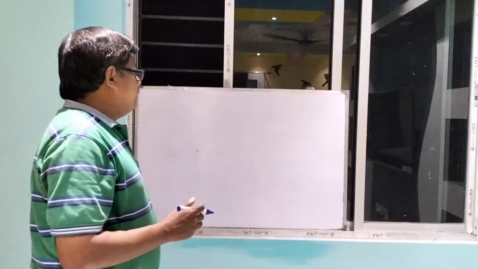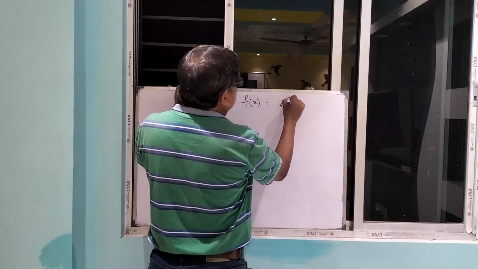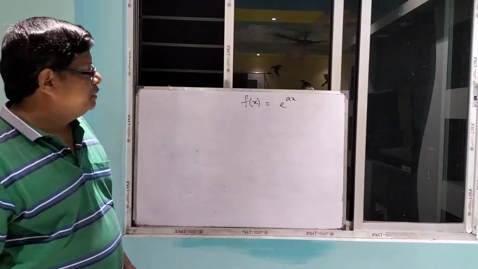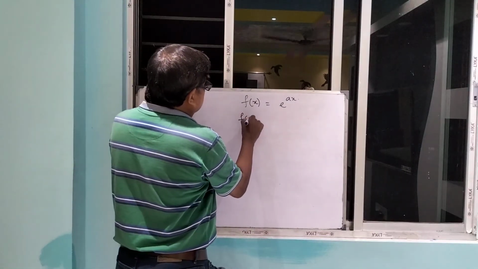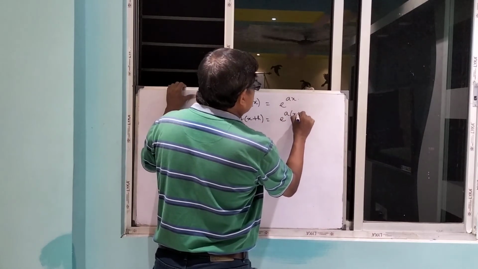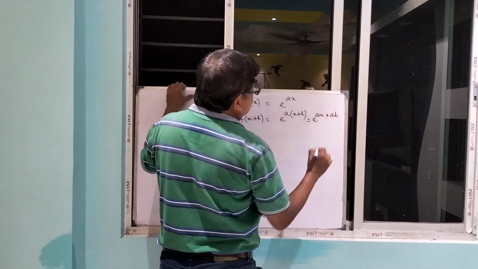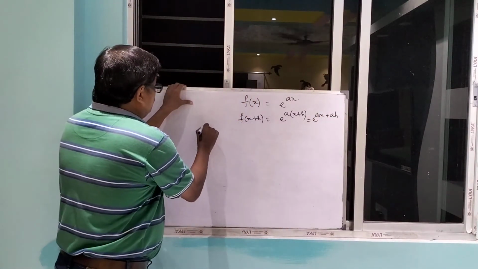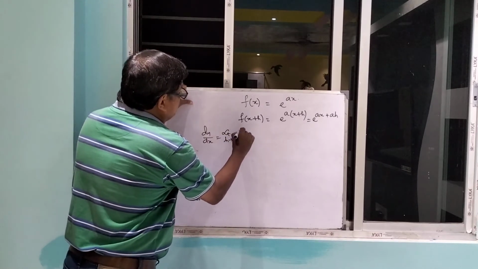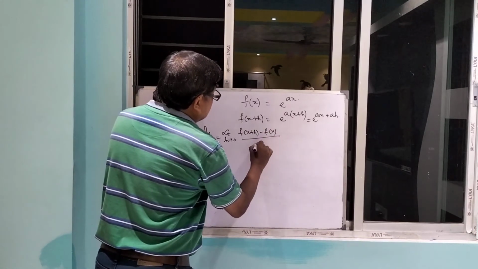Suppose f of x equals e to the power ax. With the help of first principle, find dy/dx. Write f of x plus h equal to e to the power a into x plus h, so we write e to the power ax plus ah. Now dy/dx is the limit h tends to 0 of f of x plus h minus f of x by h.